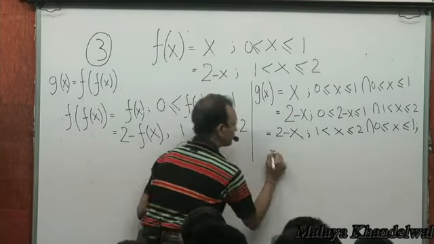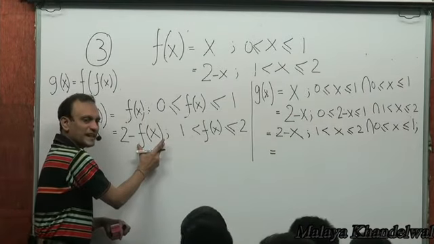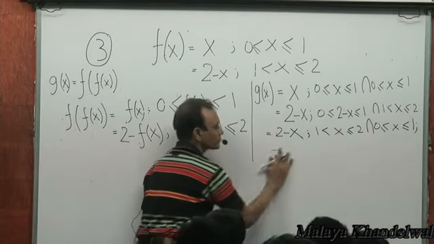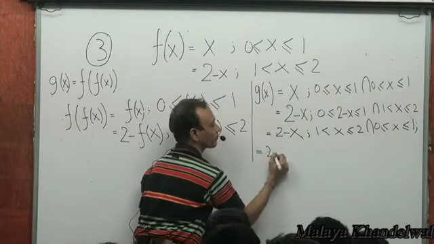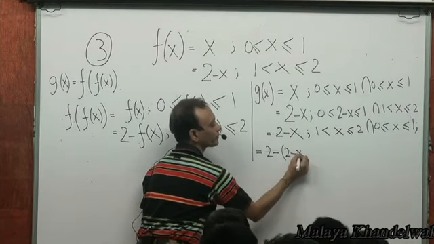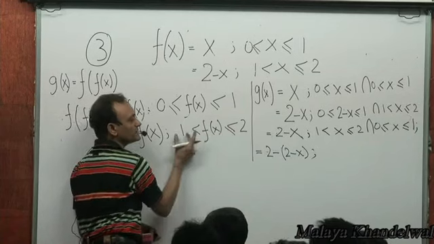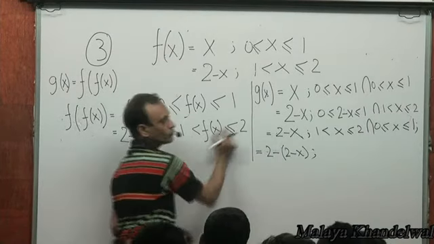The fourth line. This f(x) could be 2 minus x, so this will become 2 minus x. Now, the moment you choose f(x) as 2 minus x, then 2 minus x must lie between 1 and 2.